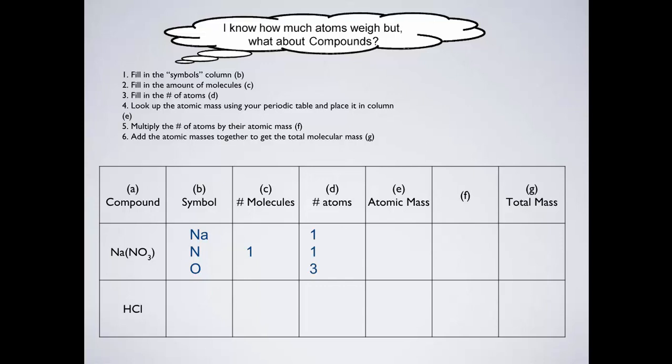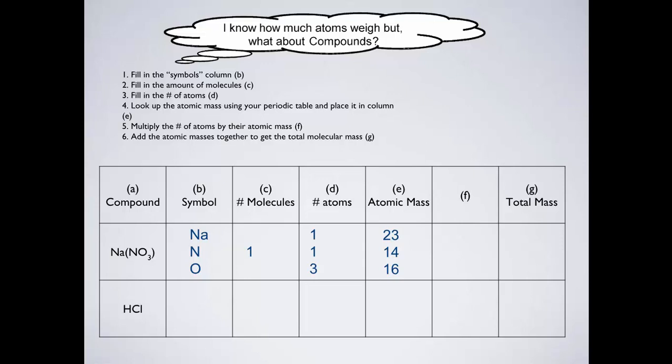Then we look up from our periodic table of elements the mass of sodium. What's the mass of a sodium atom? See it? 23. How about nitrogen? 14. And Tyler, how about oxygen? 16. So what do you think I do next?